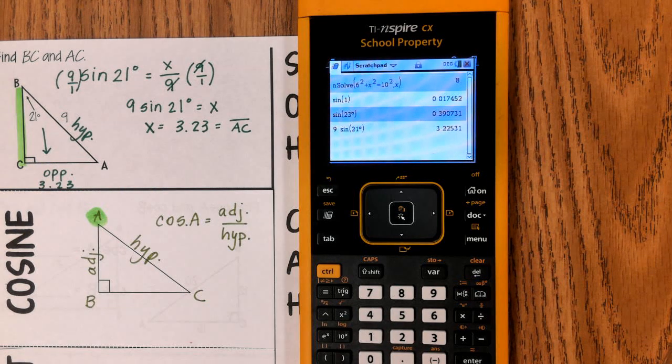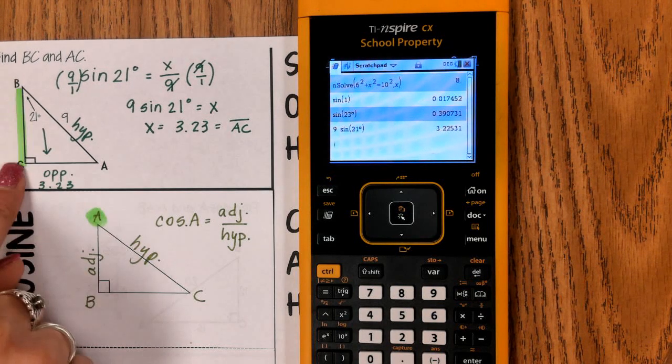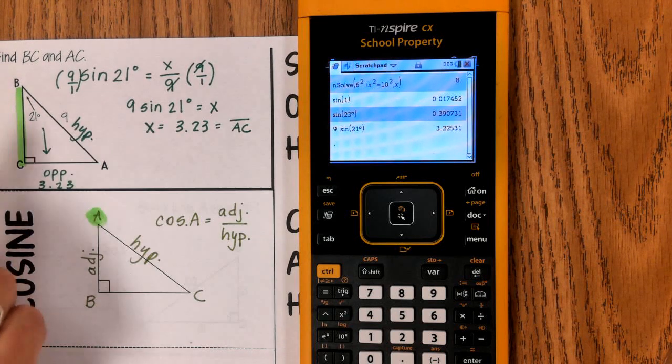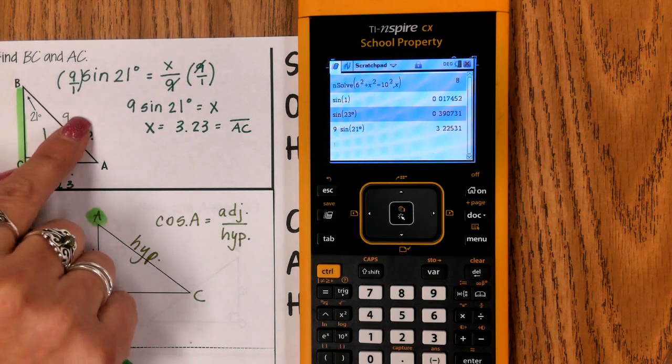Now, there's two different ways to do this. You could do Pythagorean theorem, or you could use another trig formula. On this one, we can just use Pythagorean theorem because we've been doing that. So the way we're going to solve for side BC is we're going to use our side measurements now. Again, remember, a squared plus b squared is c squared.